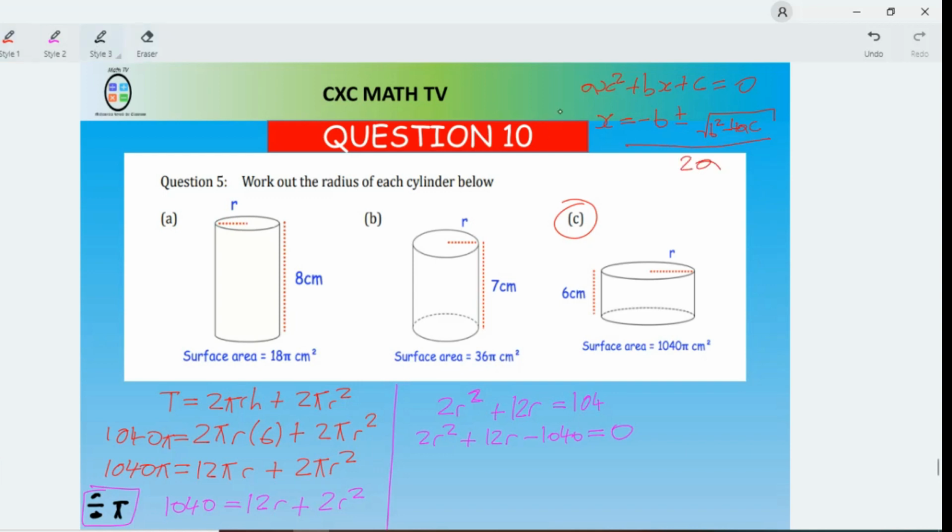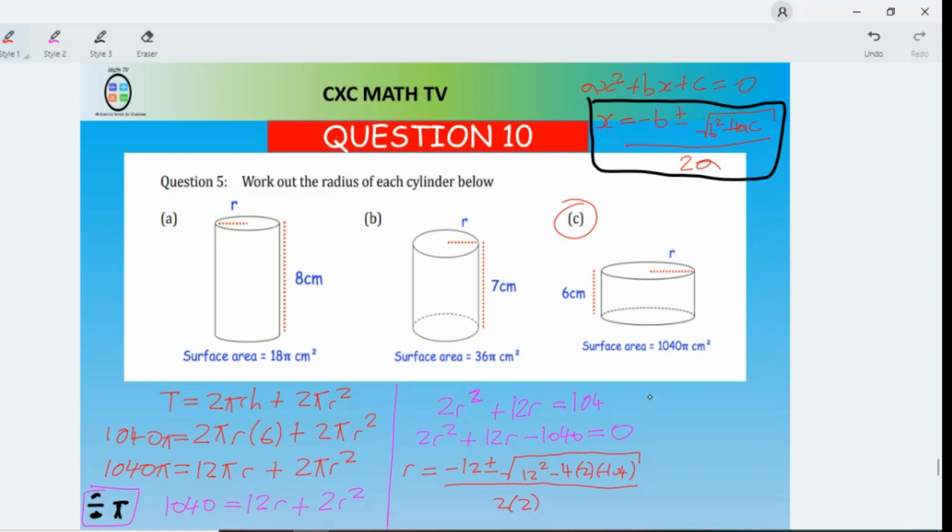You must remember this, the quadratic formula. So in this case, we can go ahead and find r by saying r equals minus b plus or minus the square root of b squared minus 4 times a times c, divided by 2 times a.